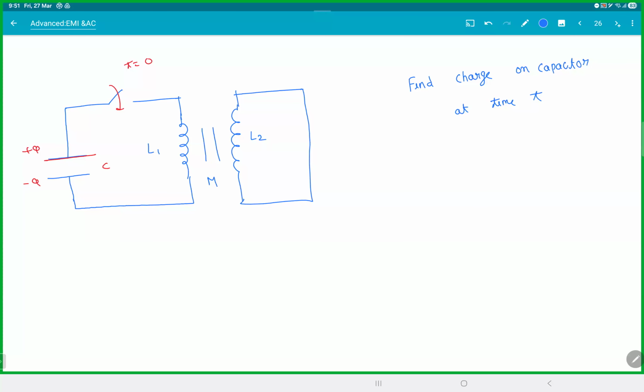You know the story. Let charge Q flow from here after time t, and then the current is I. So here the current will be I1, and there the current will be I2. Get the equations and then try to solve.